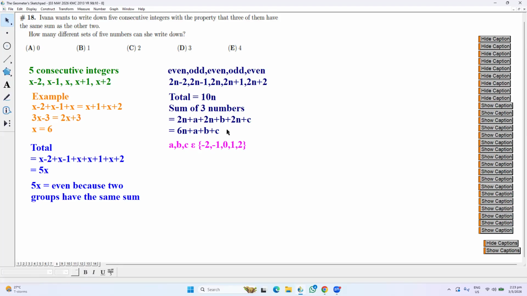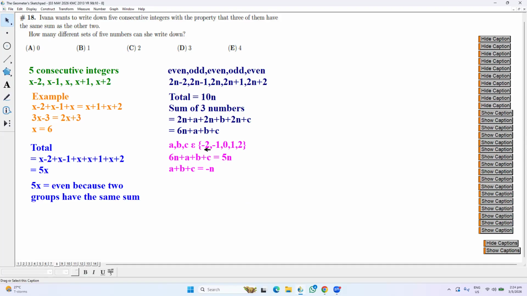This must be equal to 5n, because the total is 10n, half is 5n. So a plus b plus c is negative n, where a, b, c must come from here. So we can see the range.